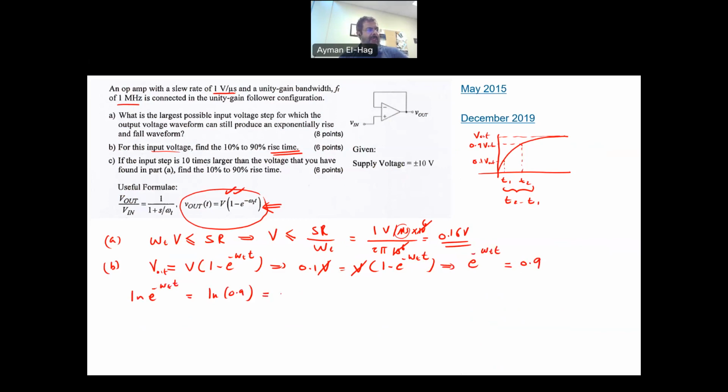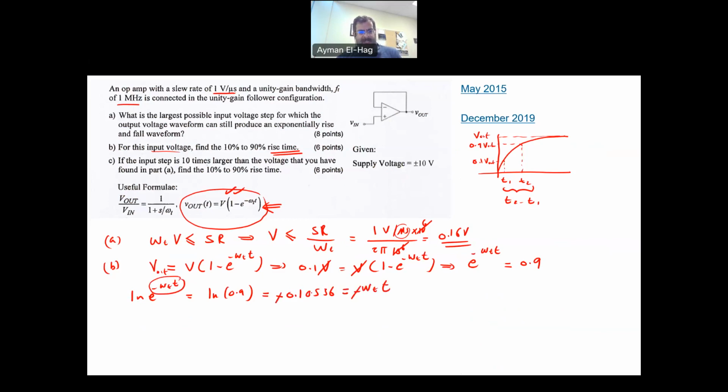ln of 0.9 is nothing but equal to minus 0.10536, which is equal to ln of the e, you will get this, equal to minus omega t times t.